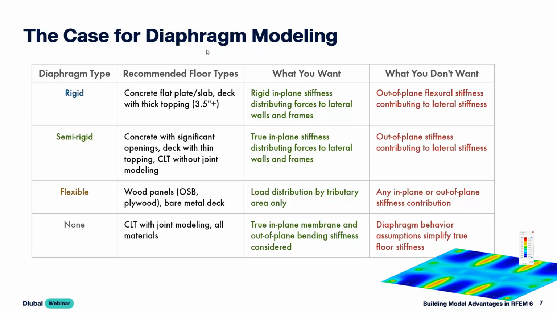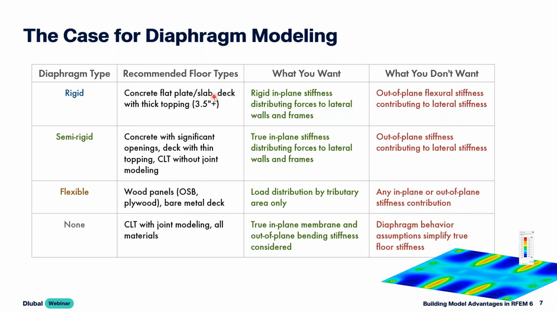So within this table here, I have listed the 4 diaphragm types: rigid, semi-rigid, flexible, and then no diaphragm at all. So starting first with the rigid diaphragm, this is typically recommended here for floors that are made up of concrete flat plates or slabs.